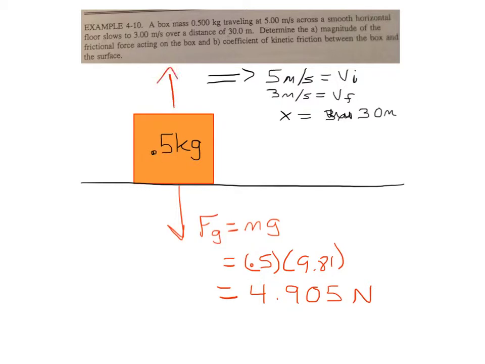Then we have our normal force pushing up, which we don't really know. And since it's moving in this direction, because that's what this arrow means, we're going to make sure that there's a frictional force going to the left.